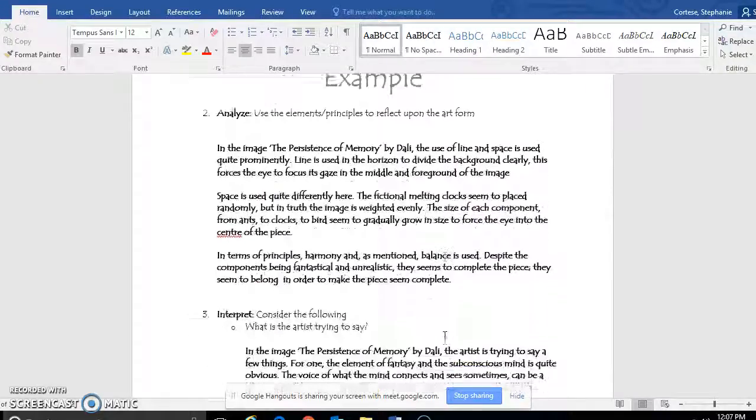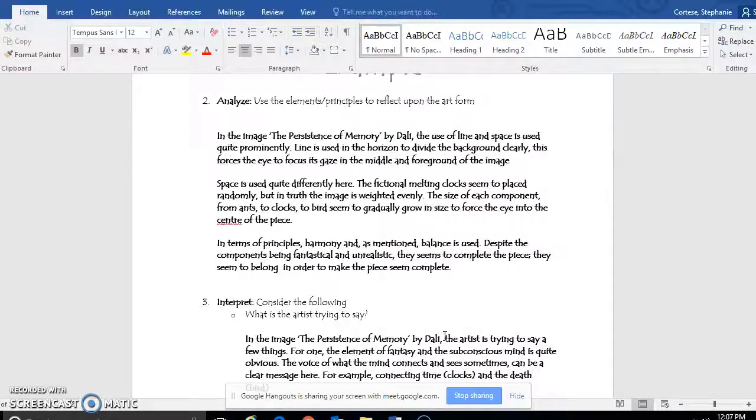Number two is analysis. With the analysis, you are being very specific to the elements and principles of design. I want to hear terminology and key phrases like line, space, harmony, unity. That's what we're looking for. Again, we're not talking about the emotion or what you think this means.